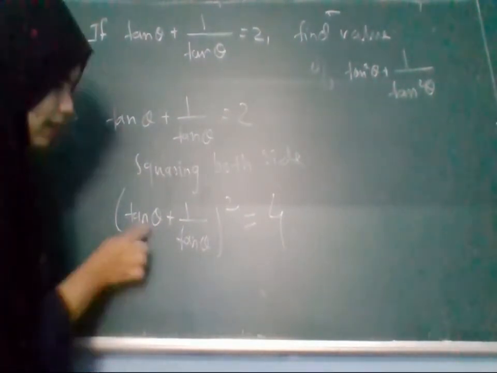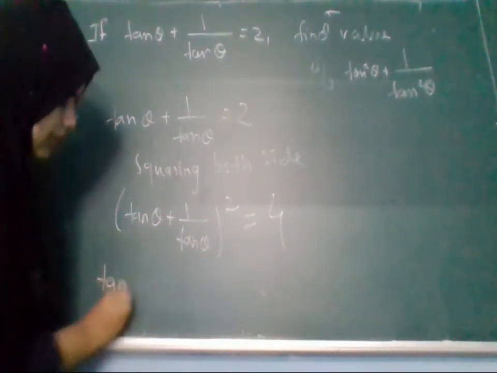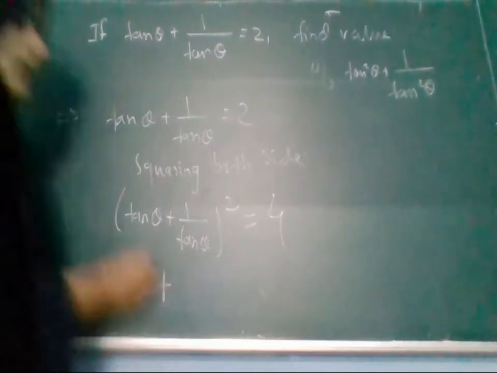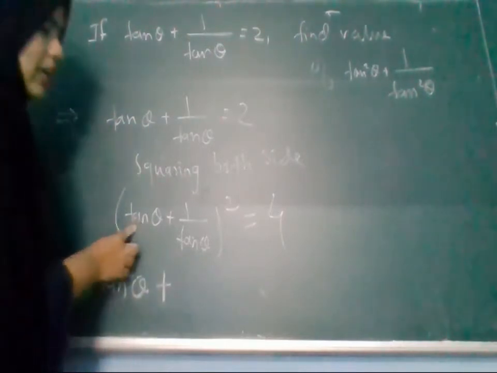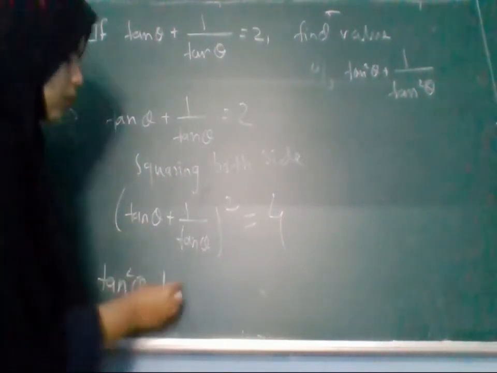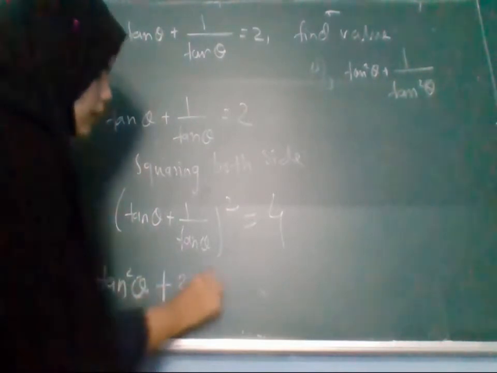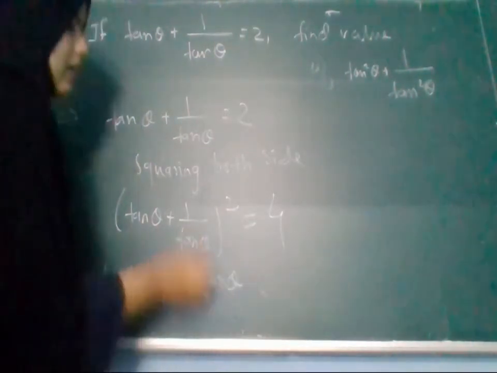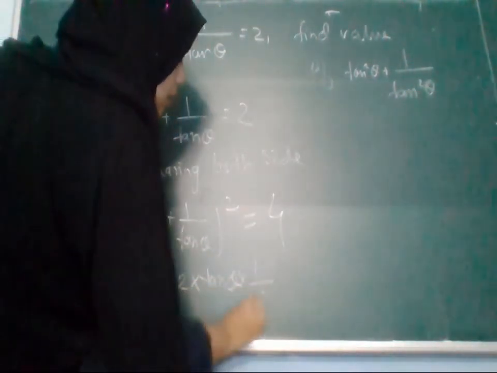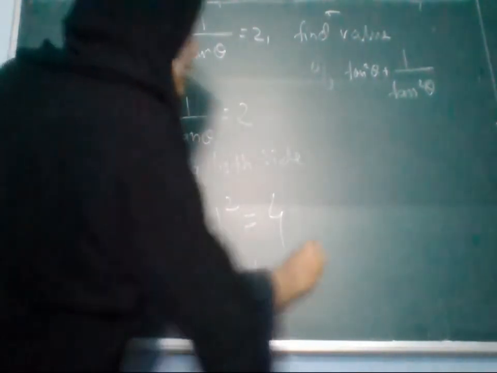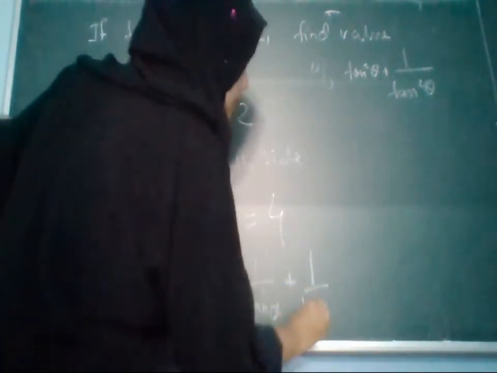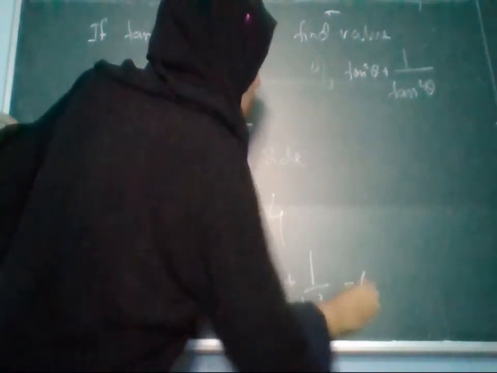So now we will apply the formula here. It will be a square plus 2 times a into b plus b square. A is tan theta. B is 1 upon tan theta, so b square means 1 upon tan square theta, is equal to 4.